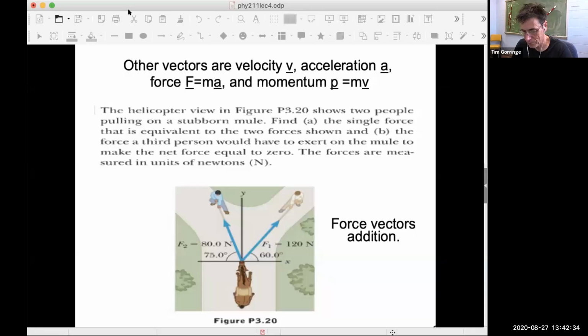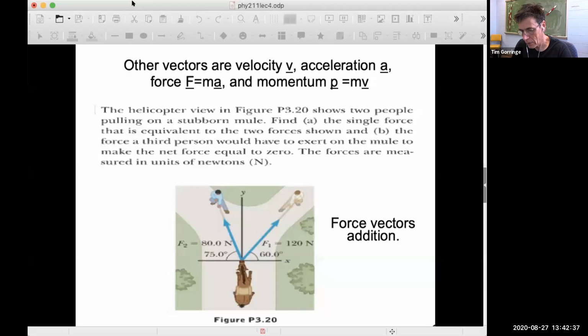I tried to emphasize there that not just displacement vectors have to be added, and actually more often we're adding things like force vectors or things like momentum vectors as we work our way through this class.